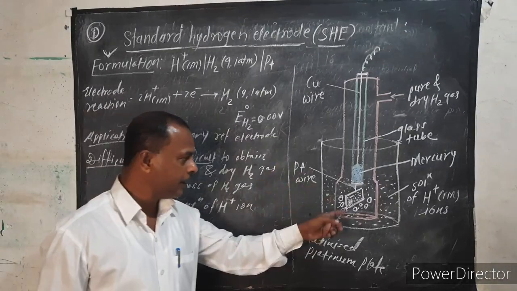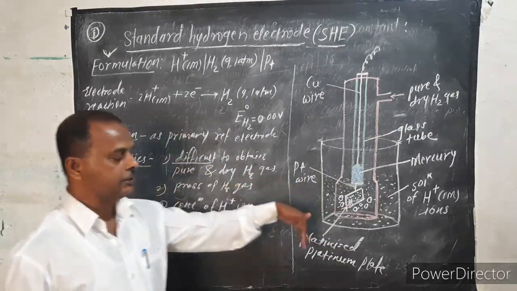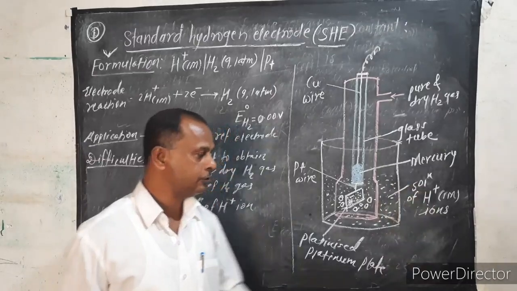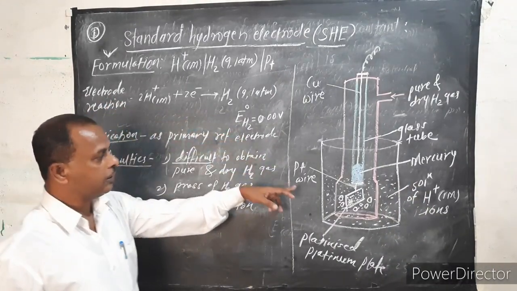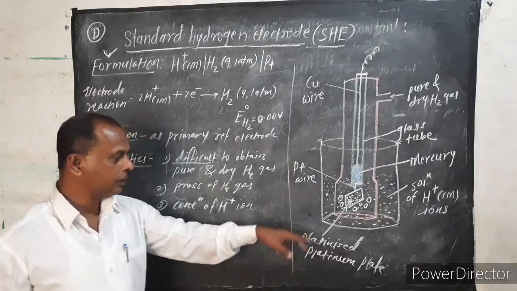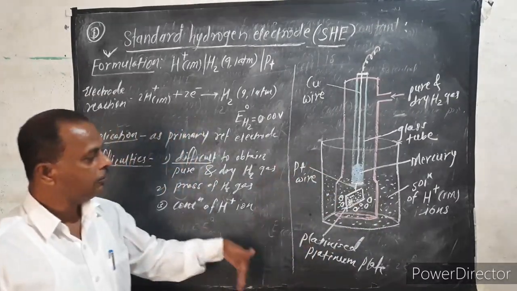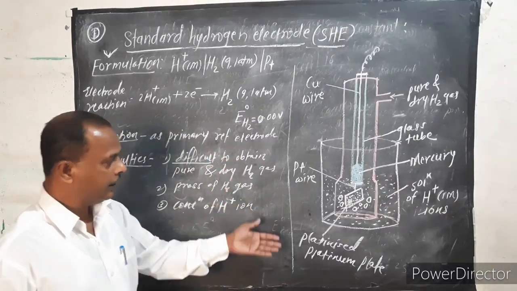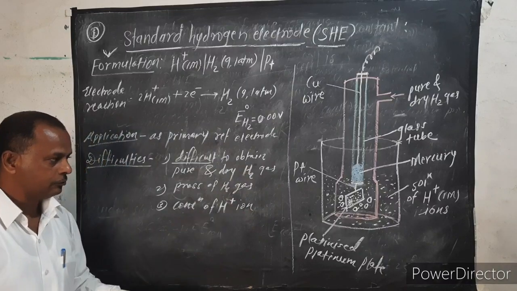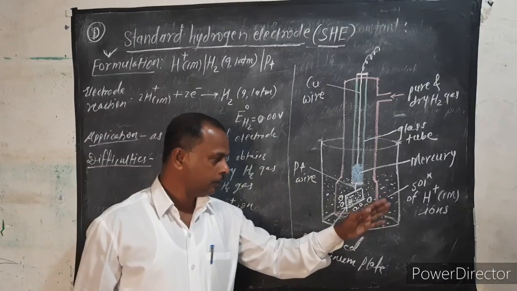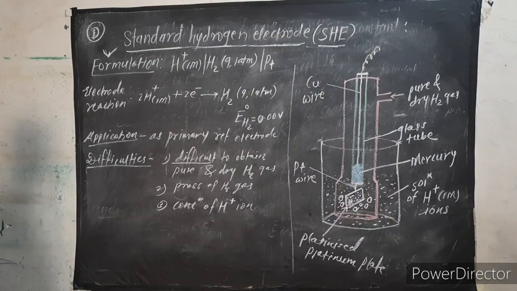The platinized platinum plate is dipped in 1 molar HCl solution, that is, 1 molar H plus ion solution. So that is called a standard hydrogen electrode, SHE. So this is the standard hydrogen electrode.